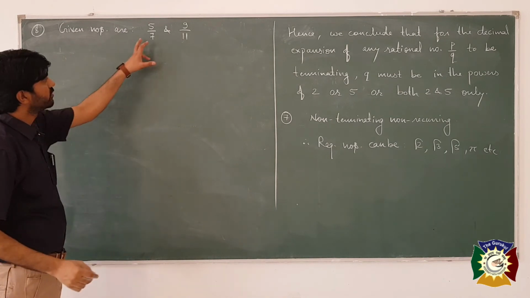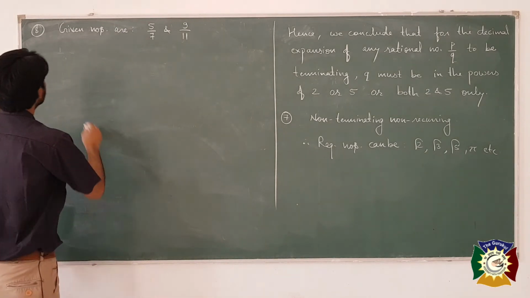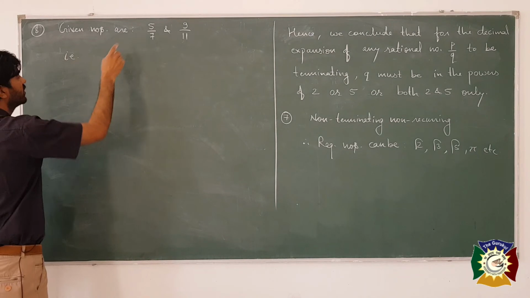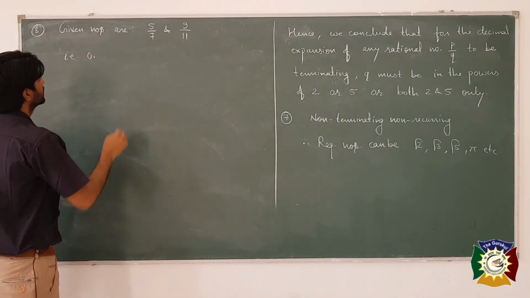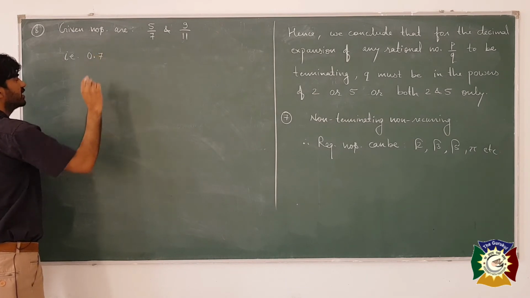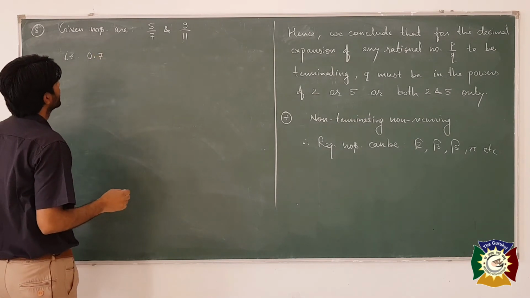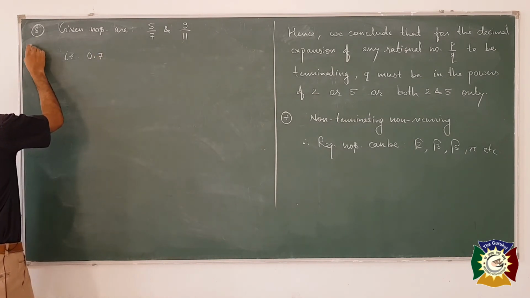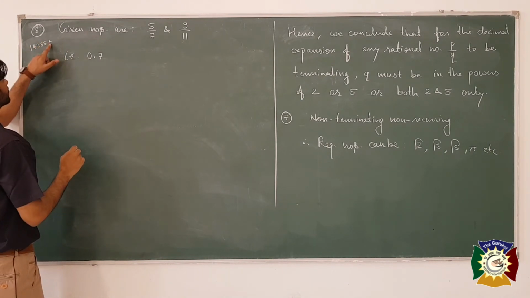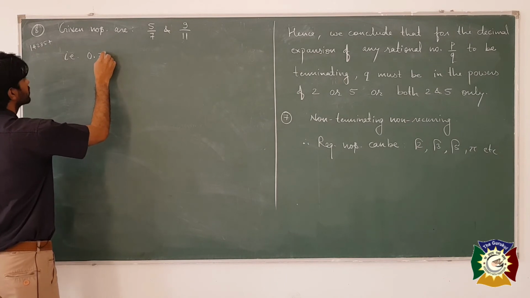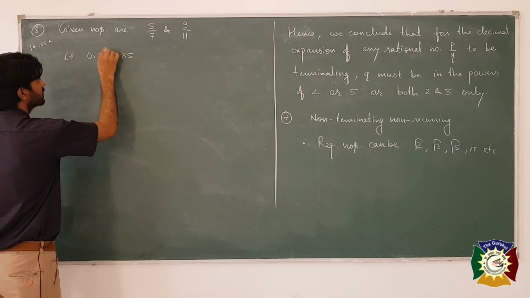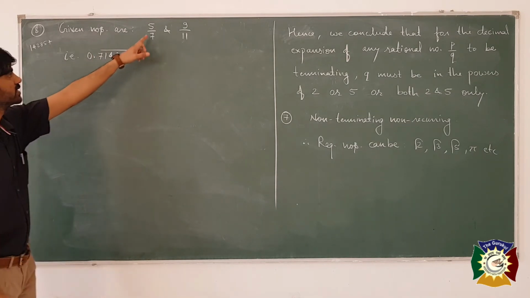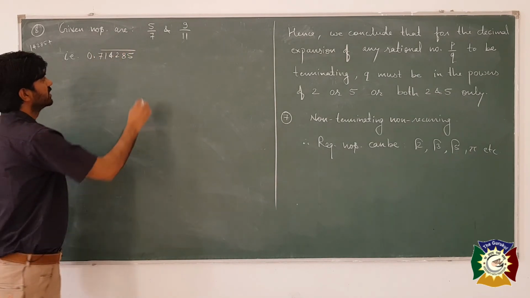If I convert them to decimals, 5 by 7 is 0.714285 with the repeating block 7, 1, 4, 2, 8, 5. This is 5 by 7.